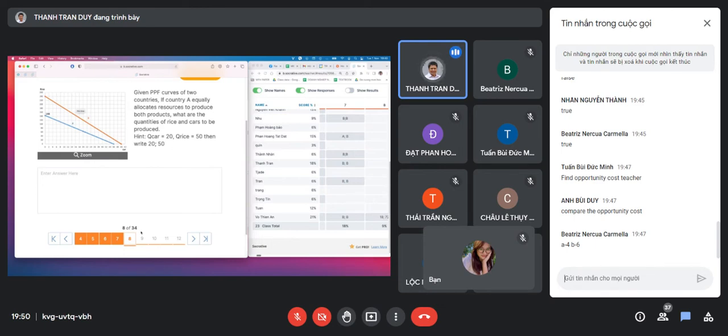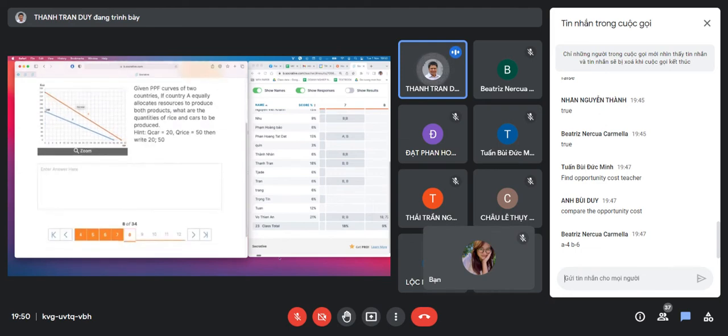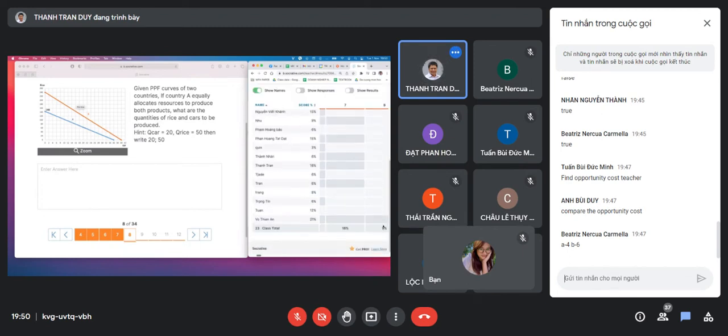What is the answer? I see that some people have answered this question already, but many of you haven't answered yet. We have 9% correct. Please answer.